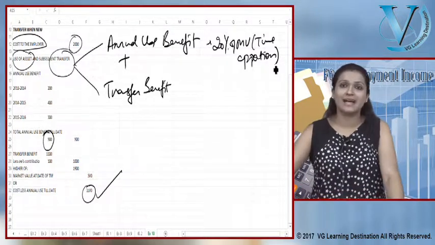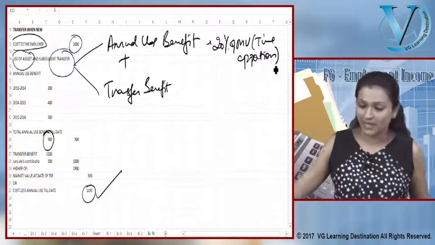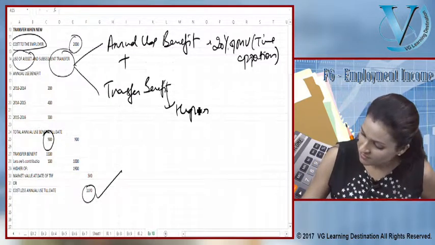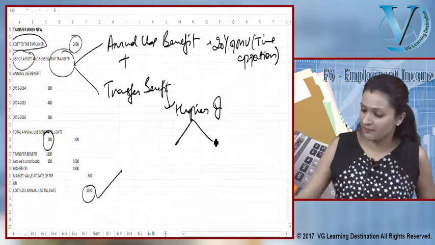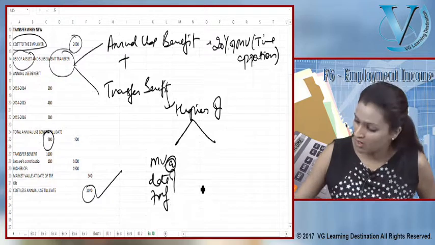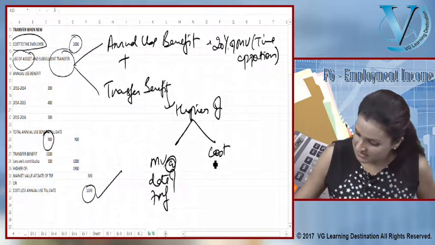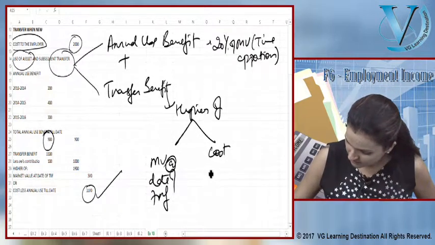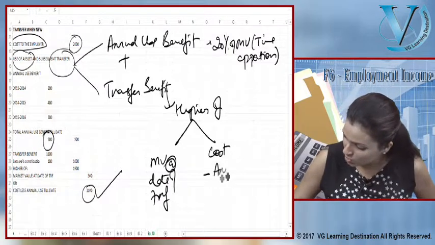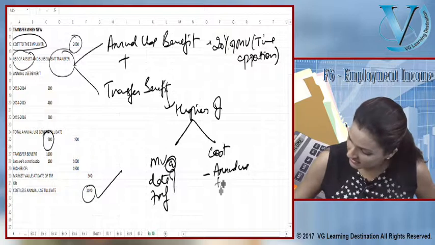What happens when the asset gets transferred subsequently? You're going to charge at the higher of two values: the market value at the date of transfer, or the cost minus the annual use till date.